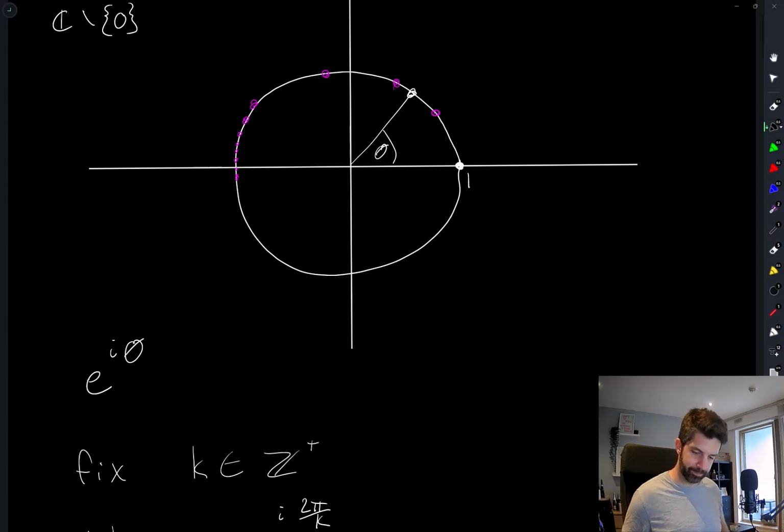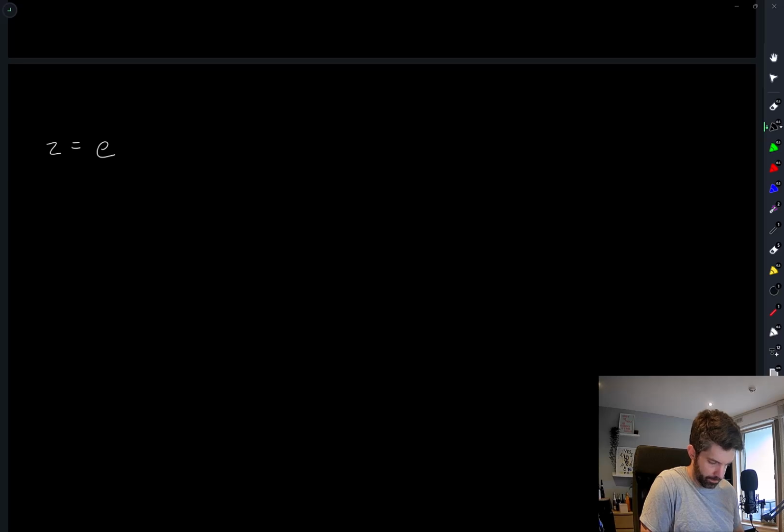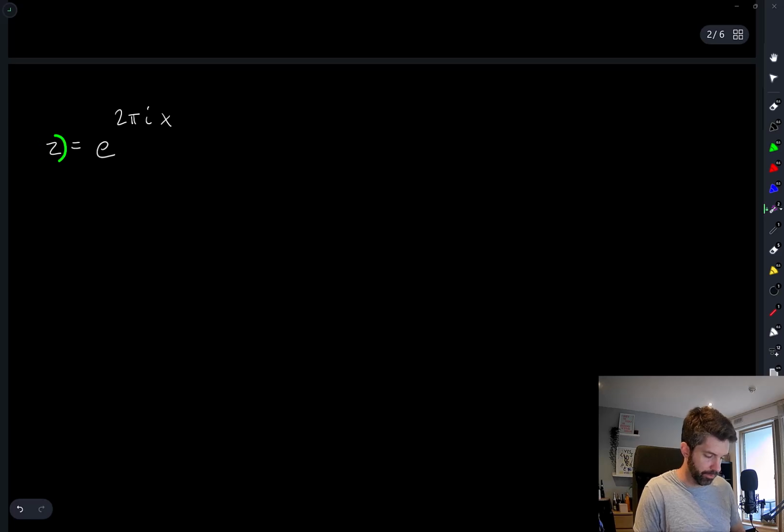Okay, here's one way that I think this might make sense. Suppose I have a complex number that is in my subgroup written like this.